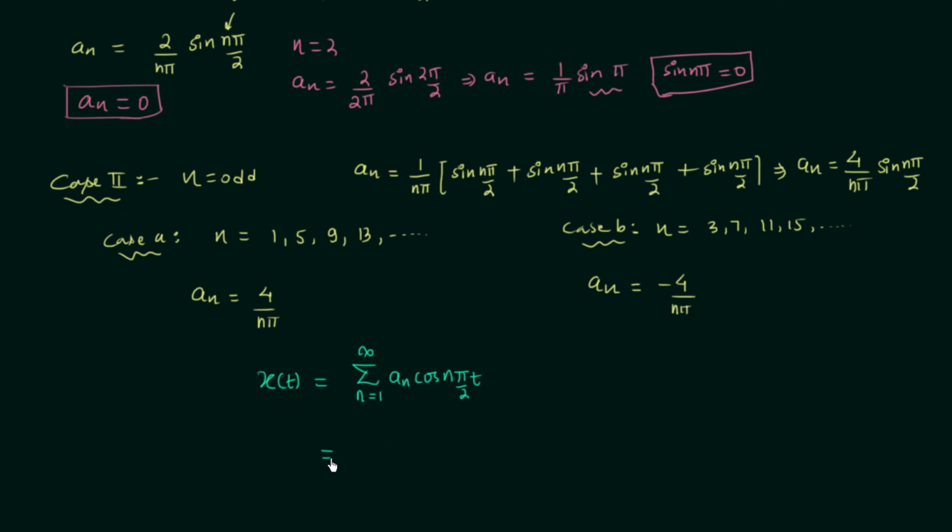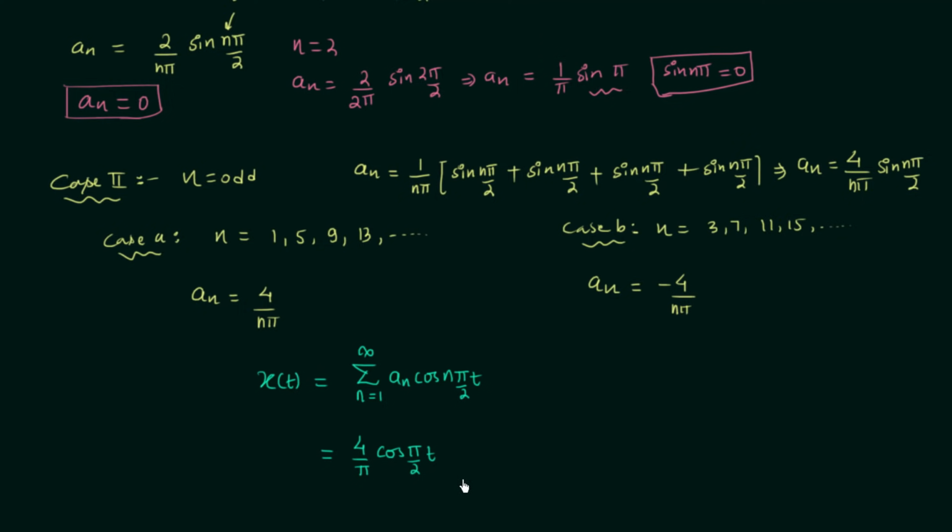When n is equal to 1, an is equal to 4 by n pi. N is equal to 1, so it is good to call an as a1, and a1 is equal to 4 by 1 into pi. So 4 by pi, and here we have cos pi by 2t.